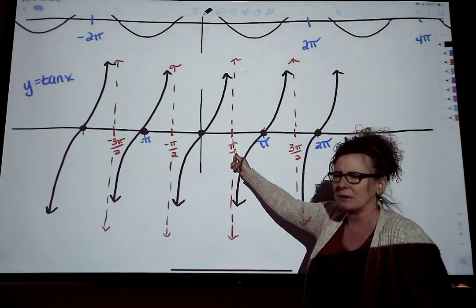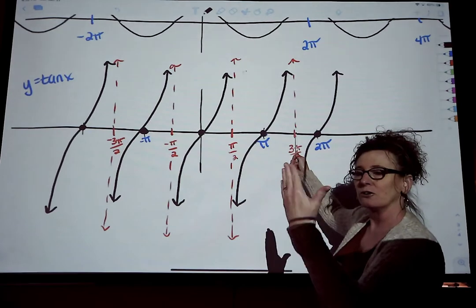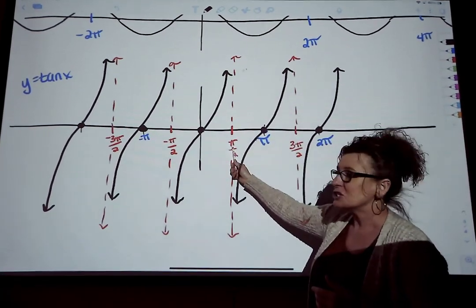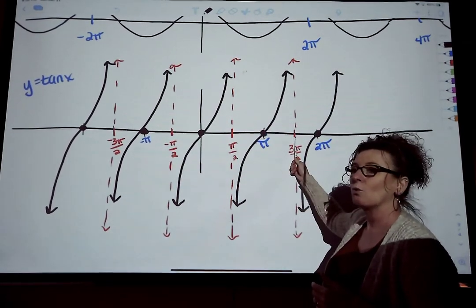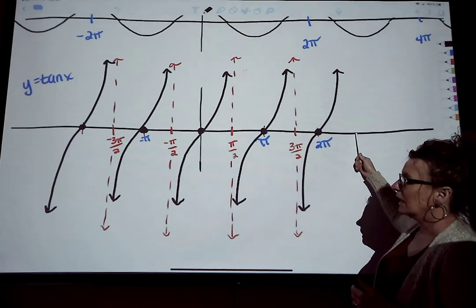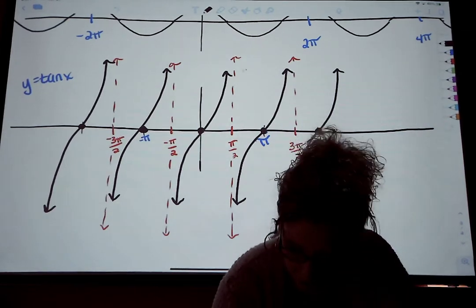What else can't it be? Well, look at how we're incrementing upward. How much is it from here to here? 1 pi. And then 1 pi more, and then 1 pi more, and so on.